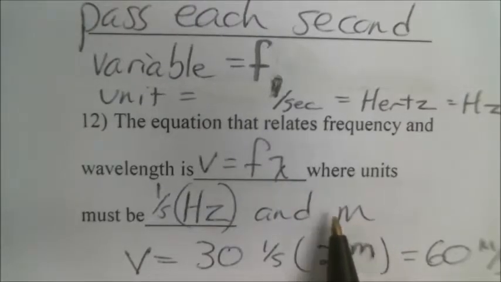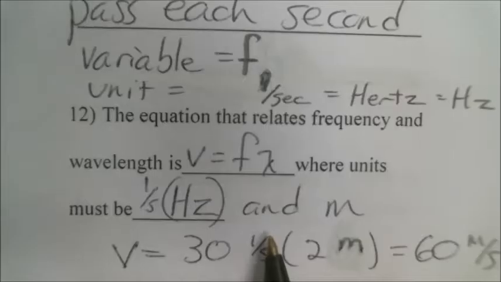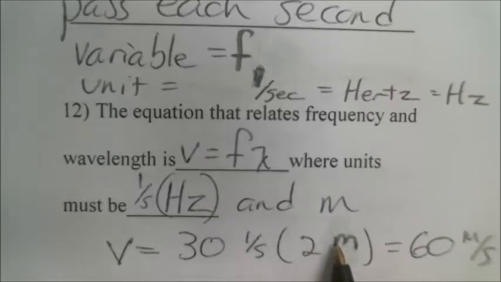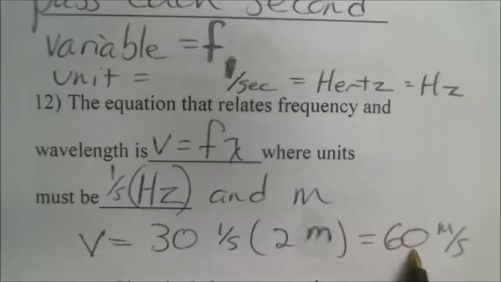So if we had a wave that had a frequency of 30 hertz, 30 per second, and a wavelength of 2 meters, we can multiply those together and get 60 for our velocity. But notice how the m multiplied by 1 over s gives us a unit of meters per second, which is what we want for a unit of velocity. So things work out just fine.